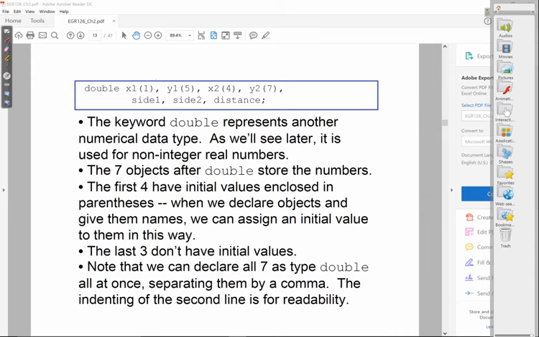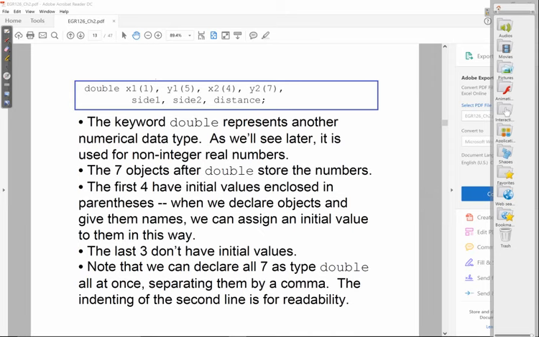C++ says at the end of most commands, there are going to be exceptions, but at the end of most commands, you put a semicolon to tell your computer that that's the end of that command. And what that means is it doesn't matter if your command runs several lines long. It could be one line, it could be several lines. C++ just keeps going until it encounters the semicolon. Then it knows it's the end of that command.